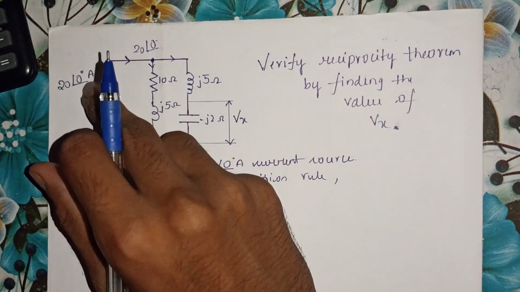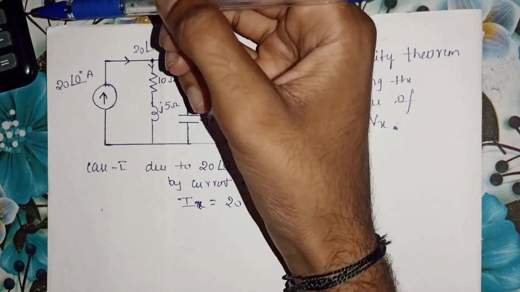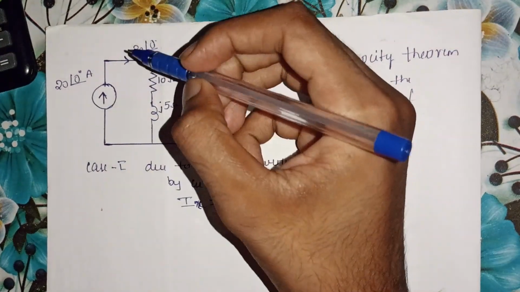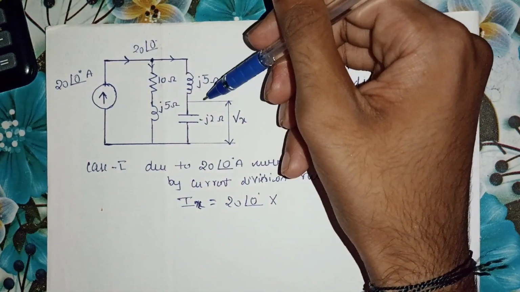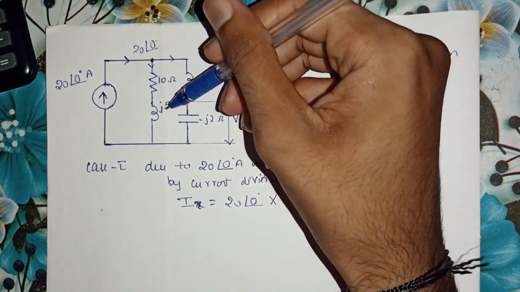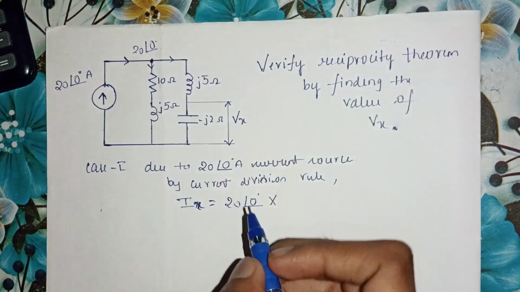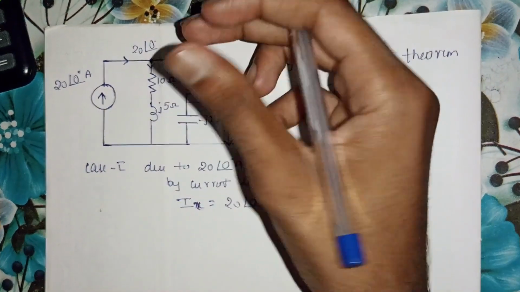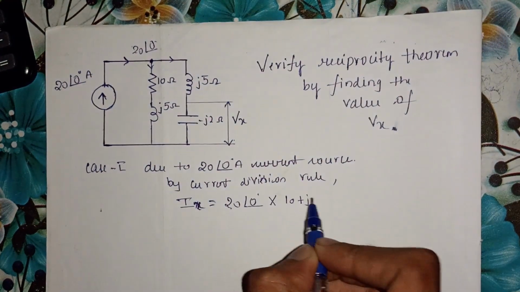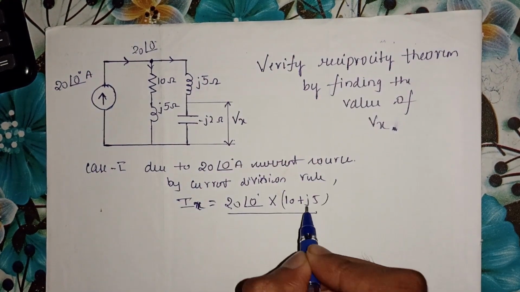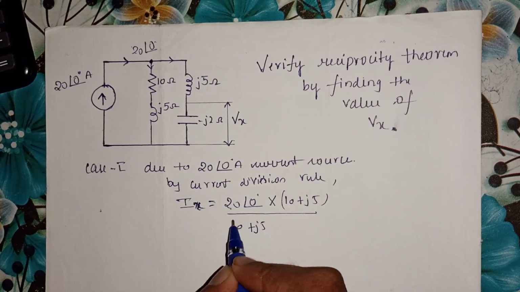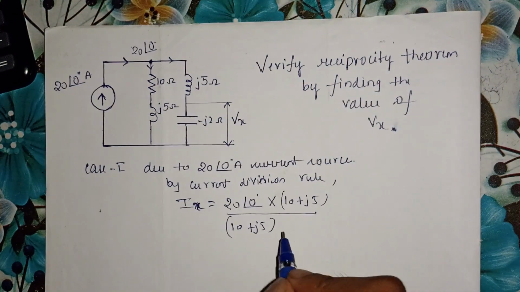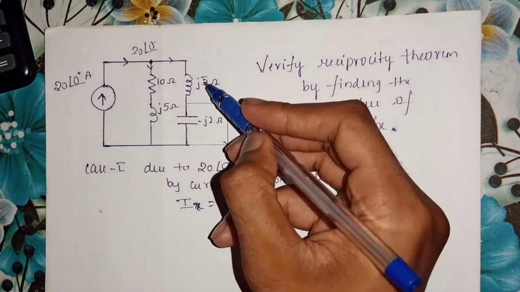So 20 at an angle 0 becomes the main current, multiplied by the impedance of the opposite branch, since I'm calculating the current through this branch. The other branch has 10 plus j5 impedance, divided by 10 plus j5 plus the impedance of the calculating branch, which is j5 minus j2.